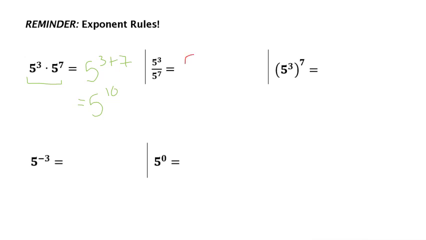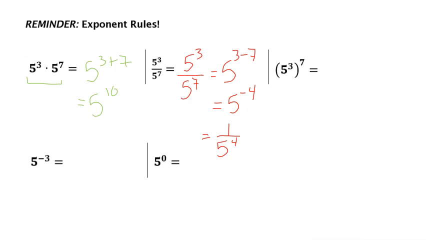So if I have 5 to the 3rd over 5 to the 7th, that's going to be the same as 5 to the 3 minus 7, or 5 to the negative 4th. And if I have a negative exponent, that's the same as taking the reciprocal. And this is one of a couple different ways you could do that problem.